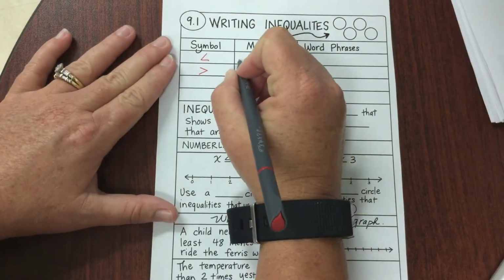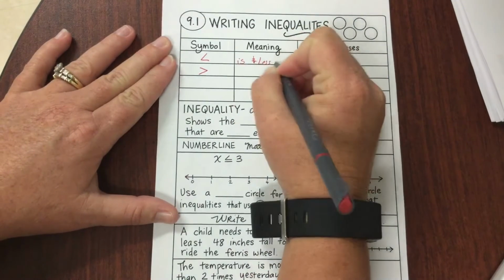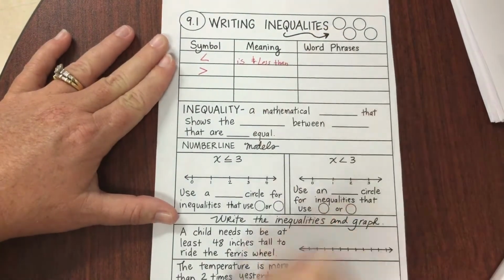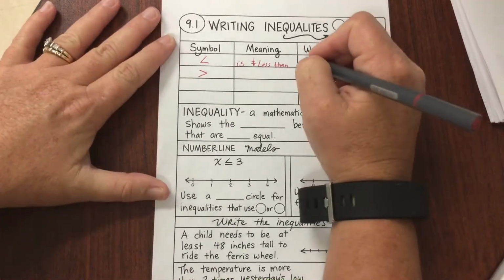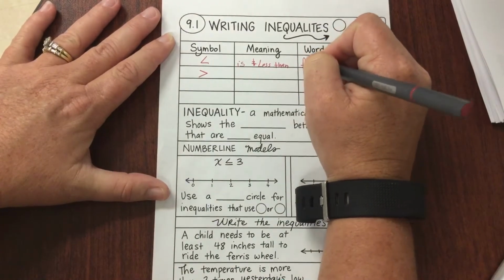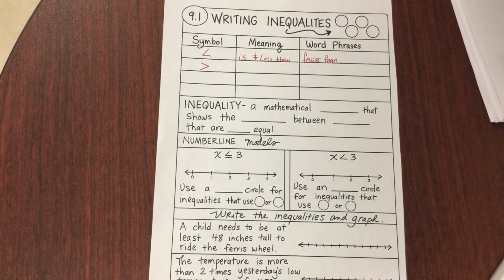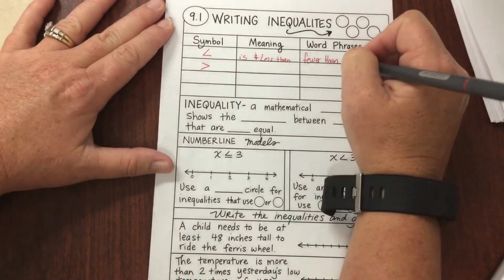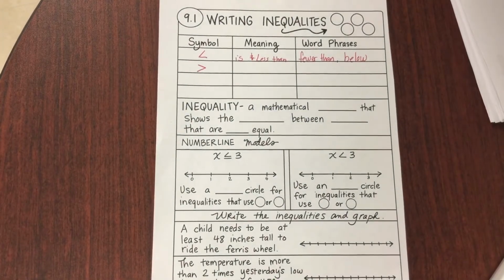So the meaning is less than. And some word phrases that may tell me that that's going to be a less than would be fewer than, below. Those are words that tell me that it is going to be a less than symbol.